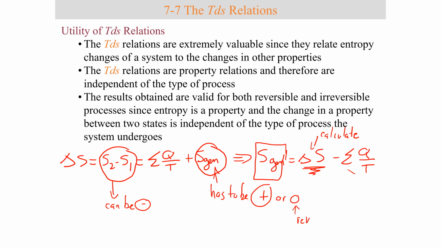So the way that the entropy change can be zero or can be negative is if the entropy transfer term is greater than the entropy generation term, where the entropy transfer term is negative, or if it's reversible. The only way for the change in entropy to be negative is if there's entropy transfer away from the system in the form of heat leaving the system, right? So this can be negative or positive.